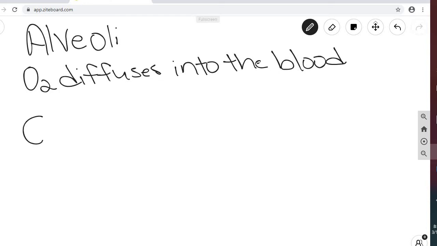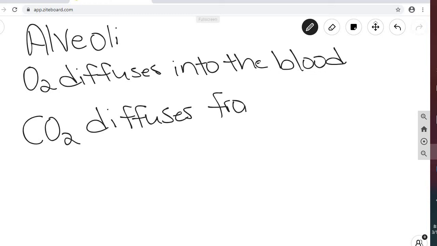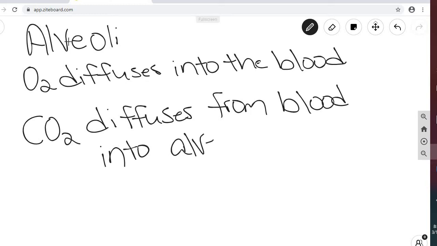And also at the alveoli, carbon dioxide diffuses from the blood into the alveoli, so it's going the other direction, so that it can be exhaled and eliminated from the body.